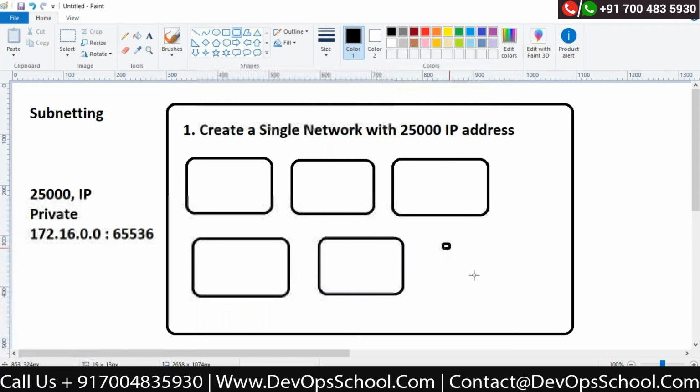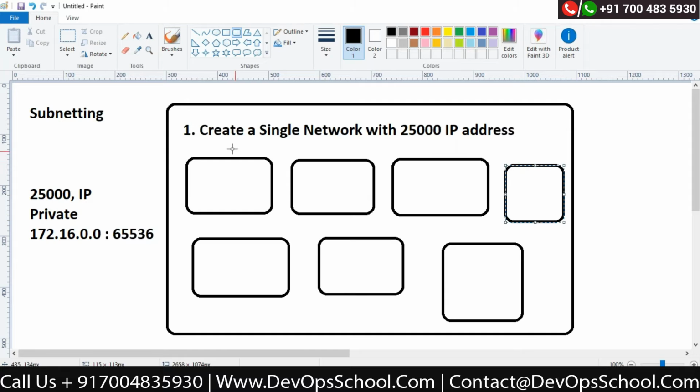I have thousands of departments. If I create a single network, then all the computers belonging to these departments are under the single network.